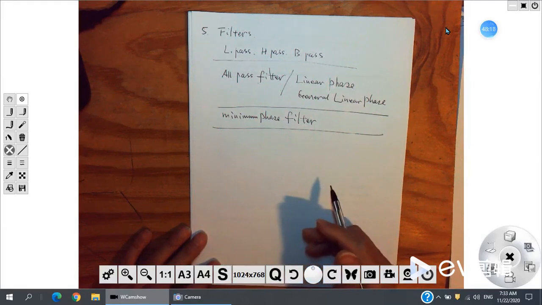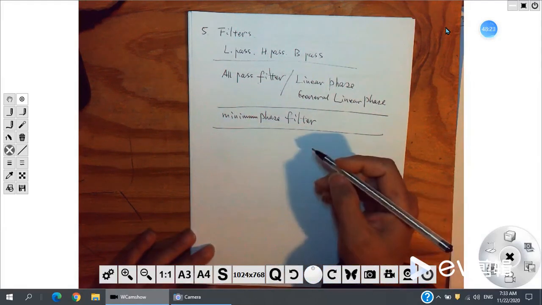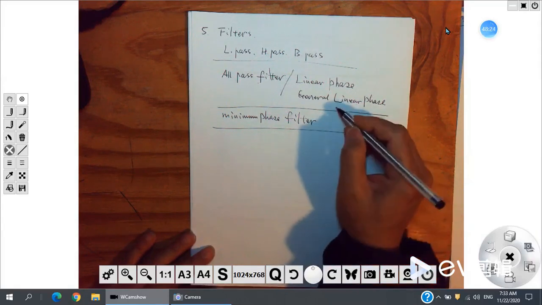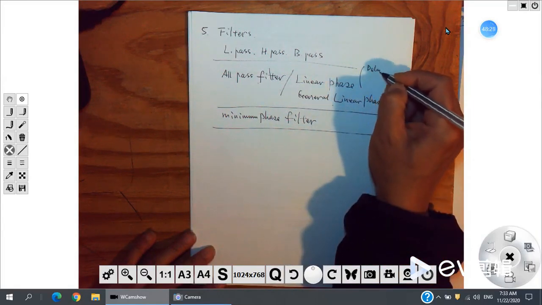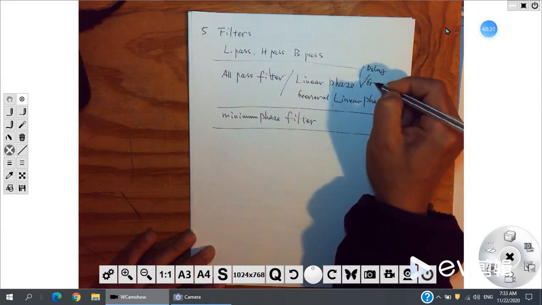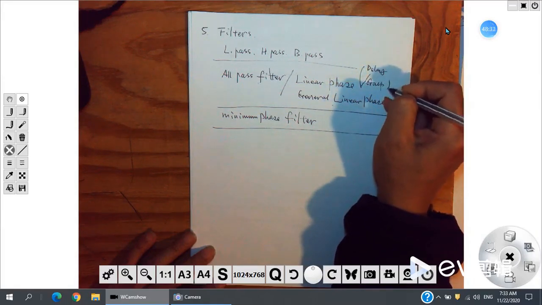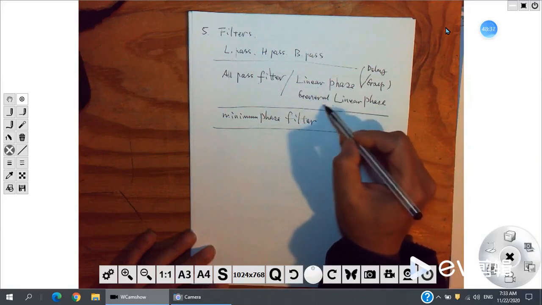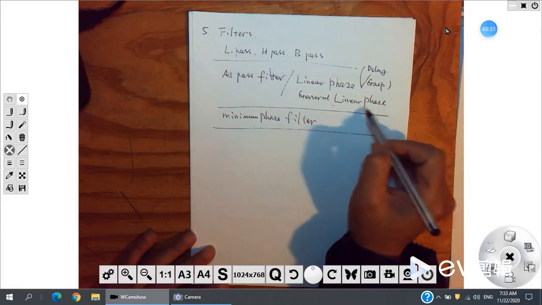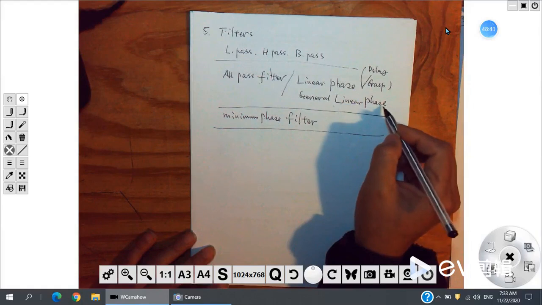Then let me see. Yeah, we have some homework related with these. For a linear phase system, you should know what the delay or group delay is. You need to check whether it is really a linear phase or just a generalized linear phase.